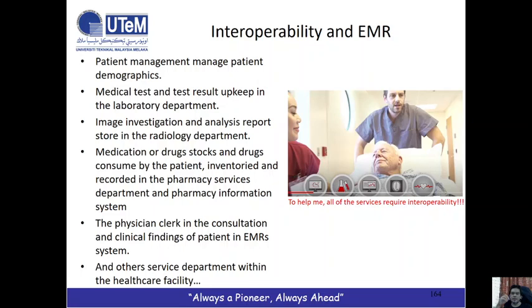When they go to the radiology, their images will be stored in the radiology department. When they go to the laboratory, their lab tests will be stored in the lab department. So we need to consolidate, we need to integrate all this information into one electronic medical record.